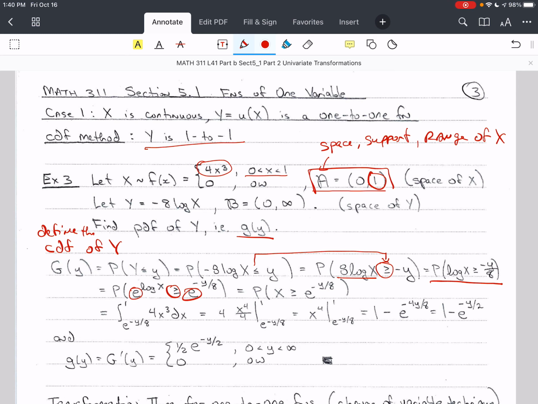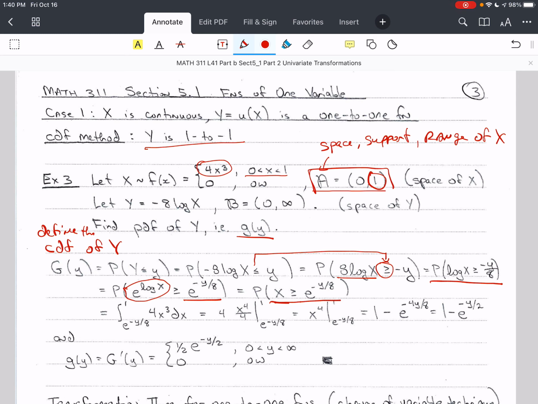And this is where you need to know your algebra. e raised to the log x, where log is the natural log, is simply x. Okay? So we end up with x, and then we end up with e raised to the negative y over 8. So the probability that X is greater than or equal to e to the negative y over 8.